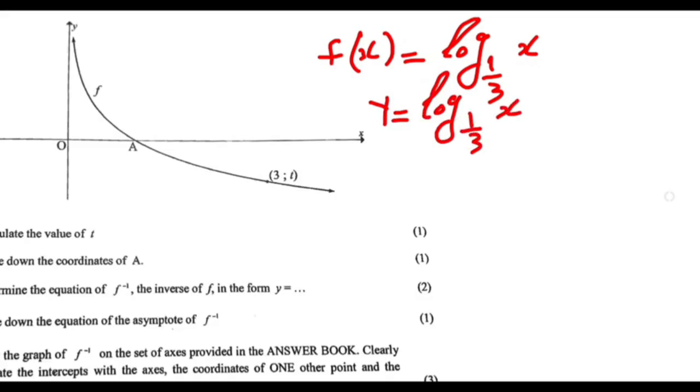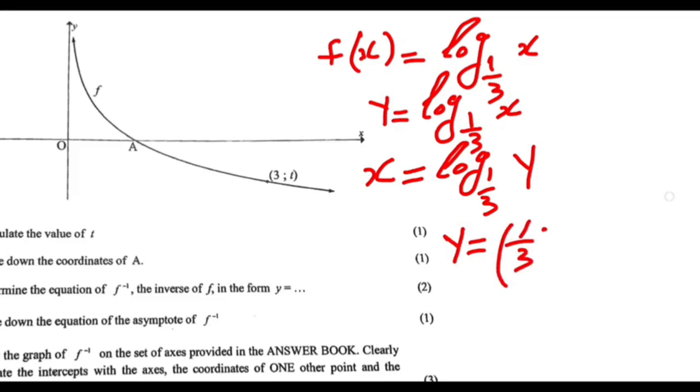Swap x and y, so y becomes x and x becomes y. Now solve for y, applying the logarithm formula again. So y is equal to 1 over 3, which always stays the base, to the power x. This is the equation of f inverse.